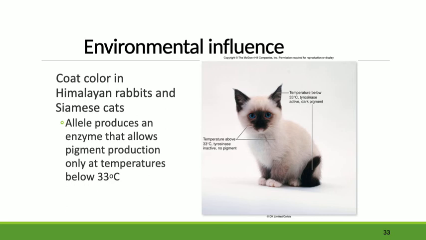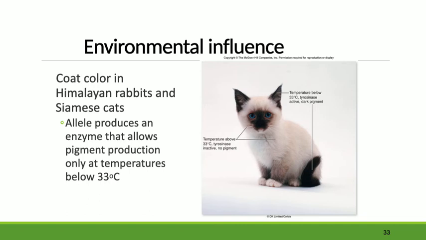But parts that are higher than 33 degrees Celsius in temperature will not produce the pigment. So even if you have the allele for making this brown color, you will not see it produced unless you have these temperature differences. Okay, so environment can influence our phenotype.